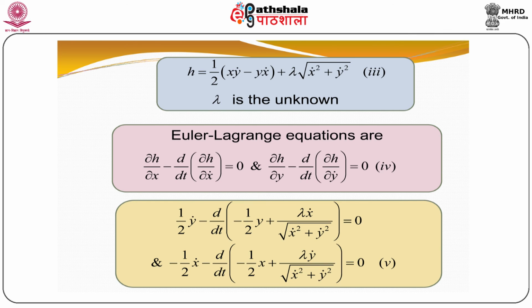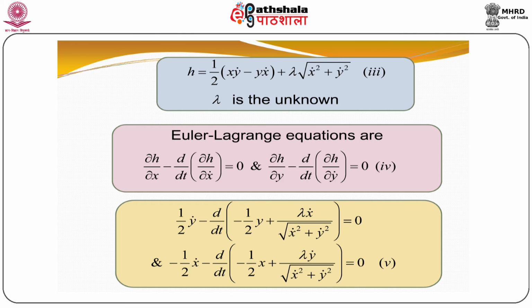If we integrate these equations with respect to time t, we get this equation from this one and this equation from this one. C1 and C2 are arbitrary constants.